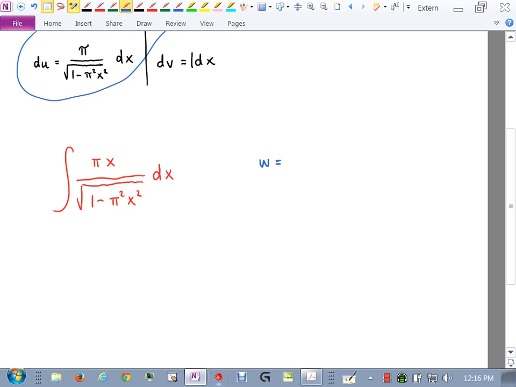W is going to be the entire denominator, or what's underneath that root. The derivative of w will be, the derivative of 1 is 0. Negative pi squared is a constant. The derivative of x squared is 2x, so the 2 is just going to come out in front. Negative 2 pi squared x dx. Questions on that?